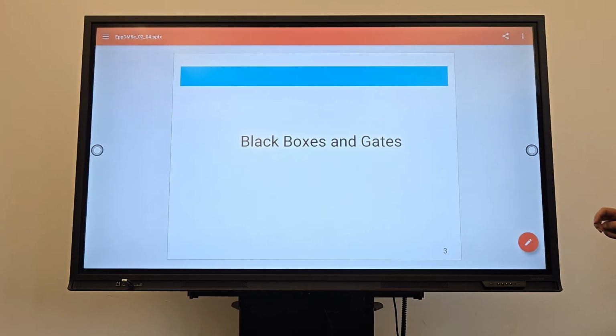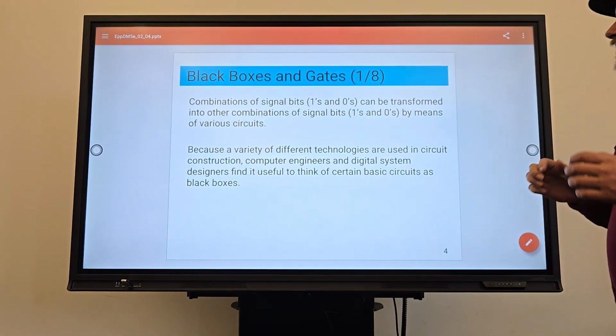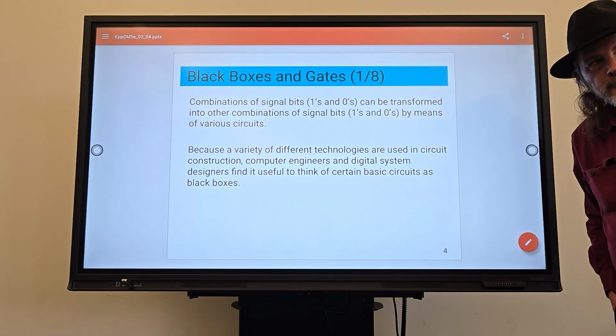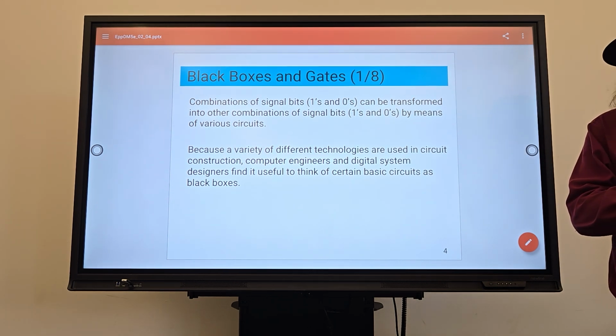Black boxes and gates. Combinations of signal bits, ones and zeros, can be transformed into other combinations by means of various circuits. Because a variety of different technologies are used in circuit construction, computer engineers and digital system designers find it useful to think of certain basic circuits as black boxes, like an AND gate or an OR gate.